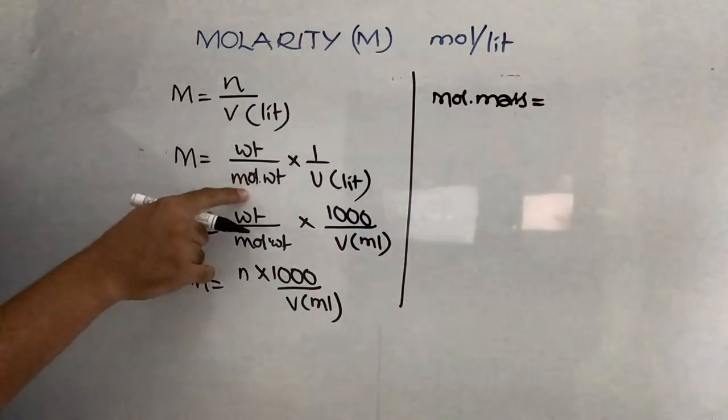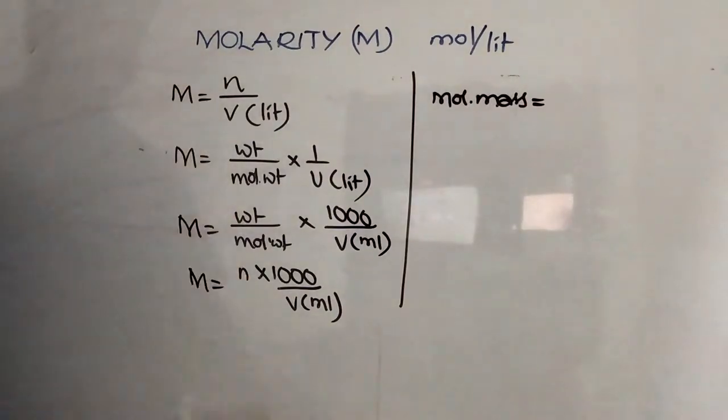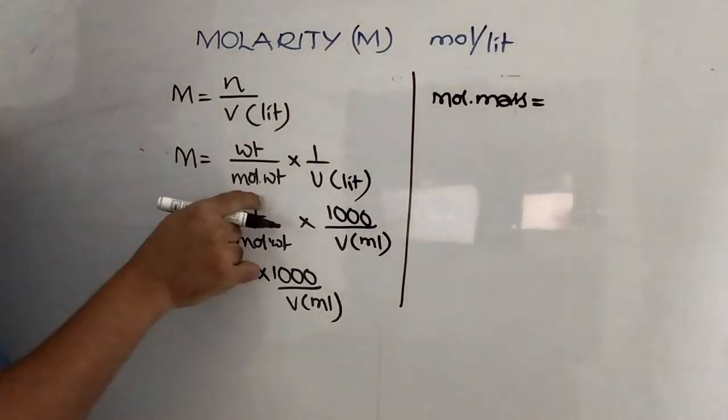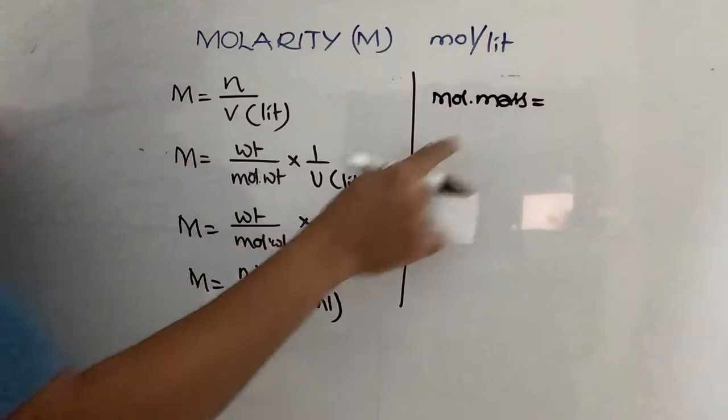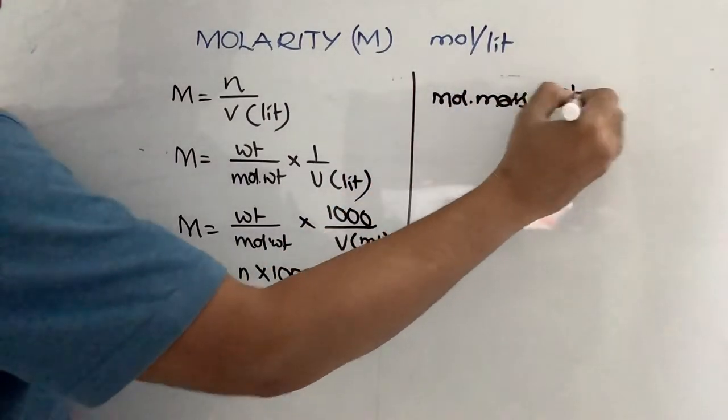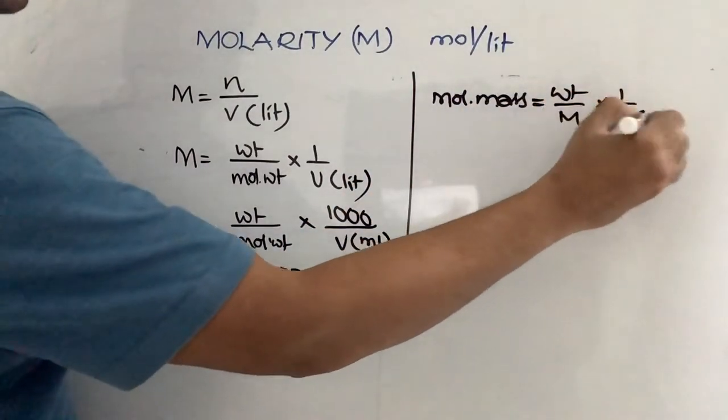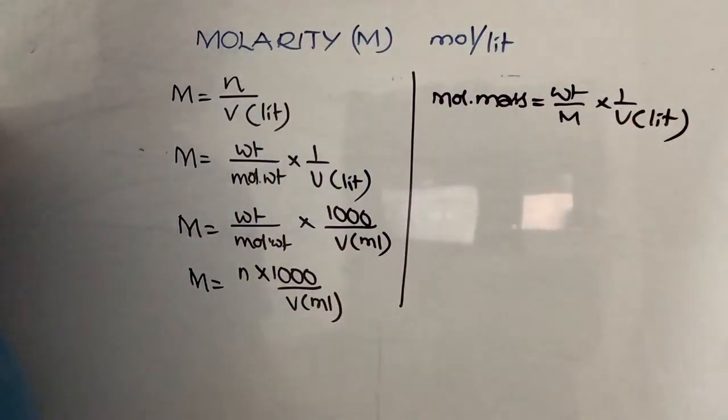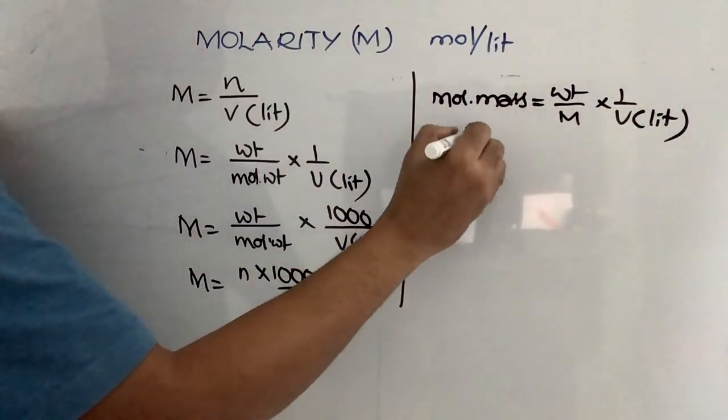this is the molecular mass, that is the molecular weight. Molecular weight is equal to weight by molarity into 1 by V, if V is given in liters. They will also ask you the mass of solute.